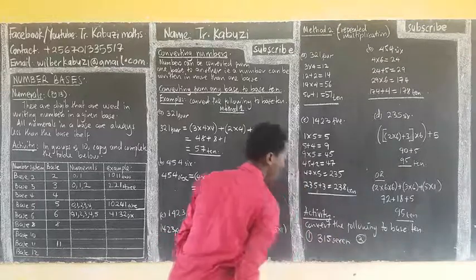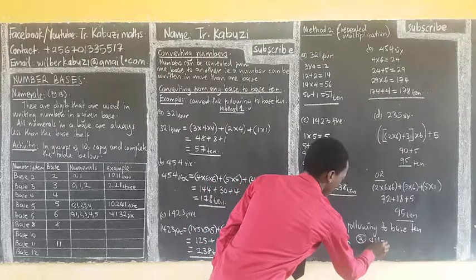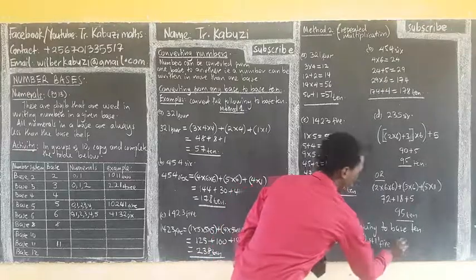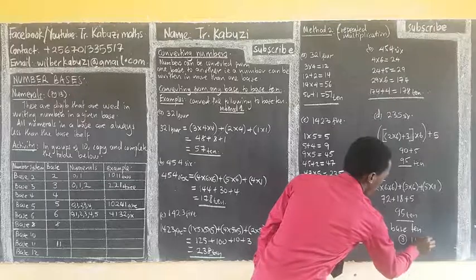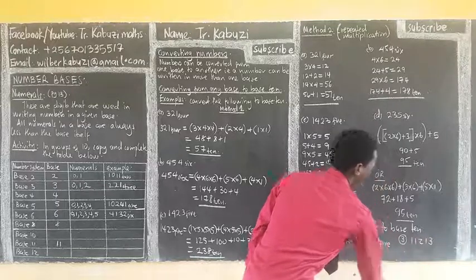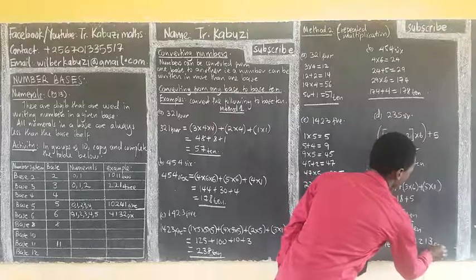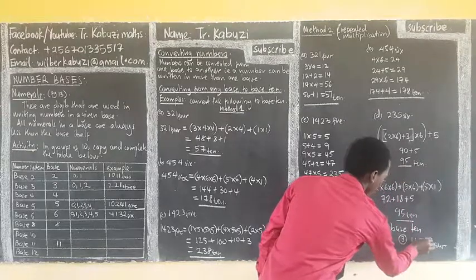Then number 2, I'm giving you 4, 1, 1, 5. Then the last one, number 3, I'm giving you 1, 1, 2, 1, 3. This one, let me give it to base 4.